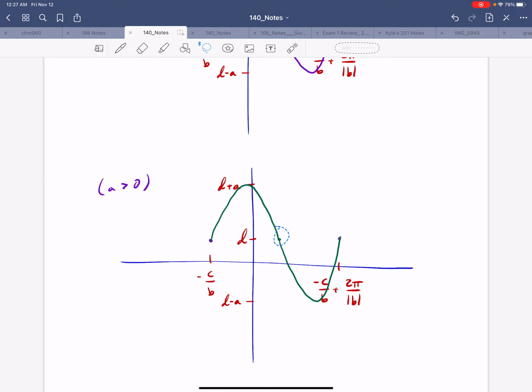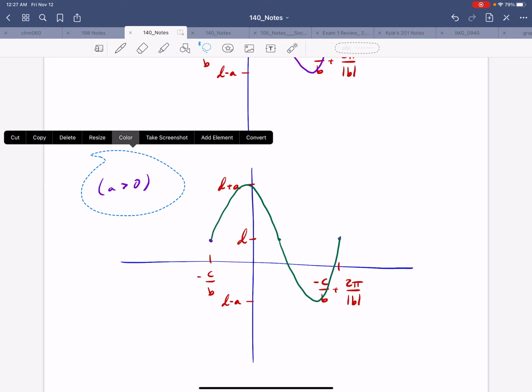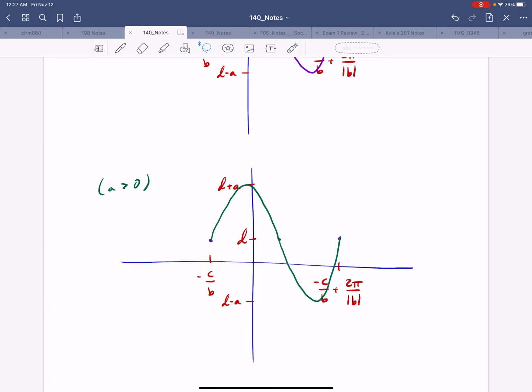So here, let's consider the case where a is less than 0. So what's different? Well, the only difference here is that this becomes d minus a, believe it or not. And then this is d plus a, remember, because plus a means you're adding a negative.